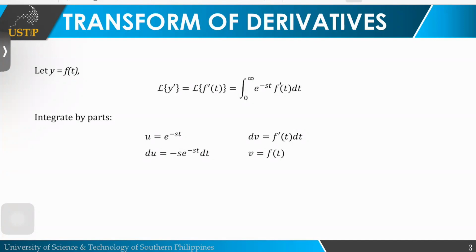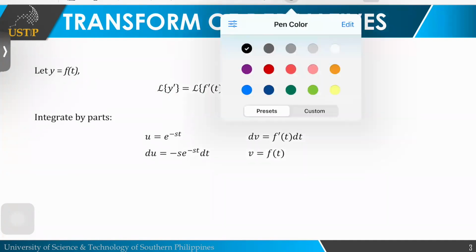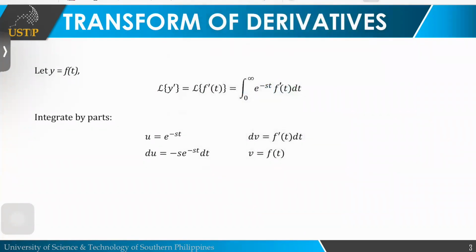If you want to get the Laplace transform of its first derivative, that would be the Laplace of y prime, or the Laplace of f prime of t. Now recall from our previous discussion that when you want to get a Laplace transform of something, say f of t, all you have to do is multiply it by e to the negative st inside our integral.